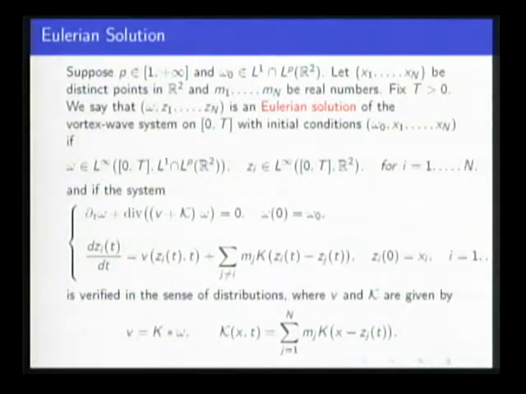Our vortex trajectories are in L infinity, and they satisfy this system in the sense of distributions. Here, V is obtained by convolution with the Biot-Savart law, and my curly K is simply the sum of the velocities associated with the point vortices.